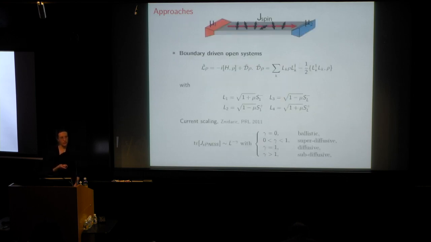One approach that has been mentioned already in the first talk is using weak boundary driving due to coupling to baths, represented with some Lindblad operators, and then using tensor networks to calculate the steady state for such setups.